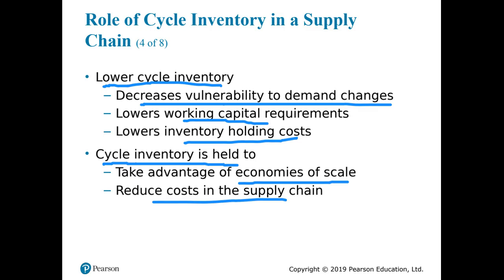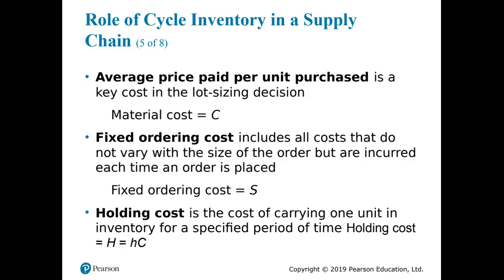Now see, the average price paid per unit purchased is a key cost in lot sizing decisions. So if we consider C as the material cost, we have a fixed ordering cost as well.